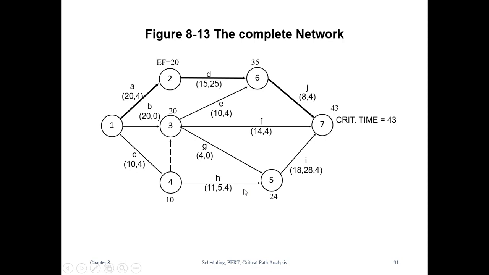In short, there is only one path which is critical, the activities A, D, and J. All other activities are non-critical. So the time in which the project can be completed, the critical time, is 43. And again, this time is based on the 3 time estimate.